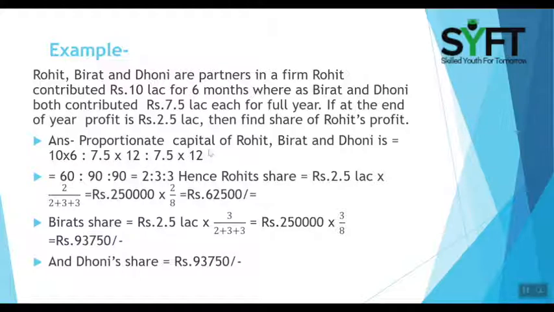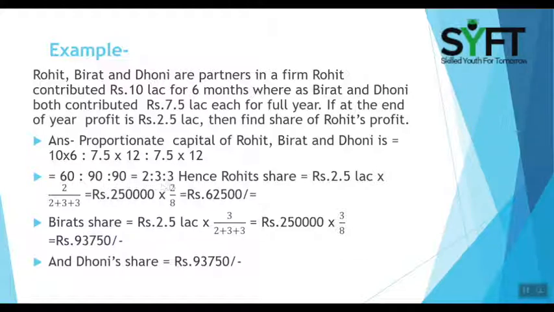Answer: proportionate capital of Rohit, Virat and Dhoni is 10 into 6 because invested for 6 months, and 7.5 into 12 is to 7.5 into 12 because Virat and Dhoni have invested 7.5 each for 1 year, completed year. So according to the question, 60 is to 90 is to 90 equal to 2 is to 3 is to 3.